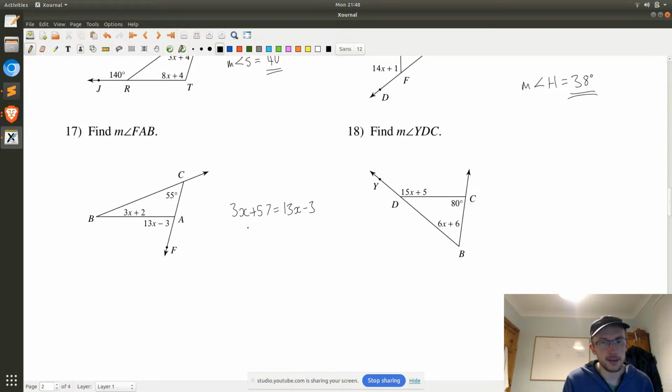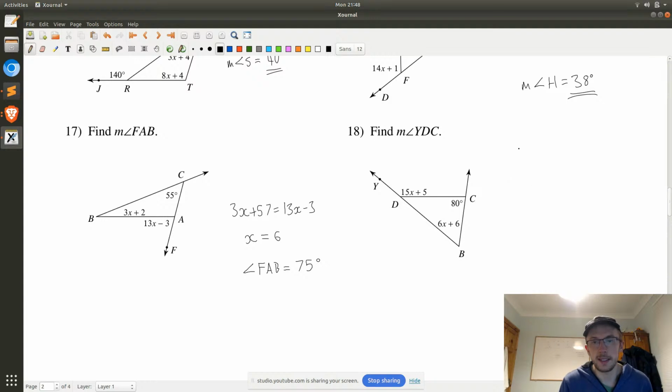So 10x must equal 60. So x must equal 6. So the measure of angle FAB in their universe is 13 times 6, which is 78. Take away 3, which is 75.